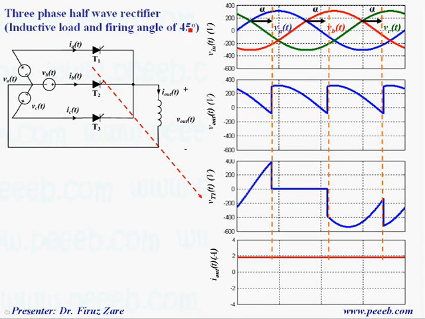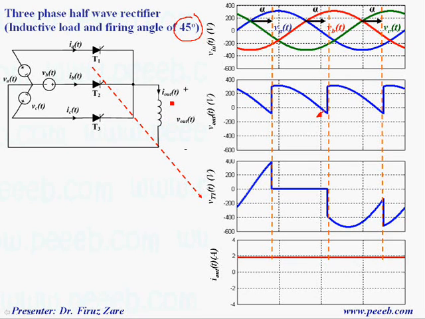Now we change the firing angle into 45 degrees. That means in this case the output voltage can be negative, while in a resistive load the output voltage couldn't, because the output current should be negative and then we could turn off the thyristor.